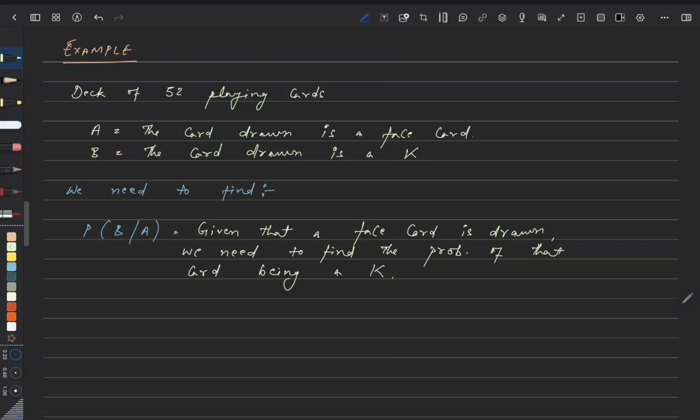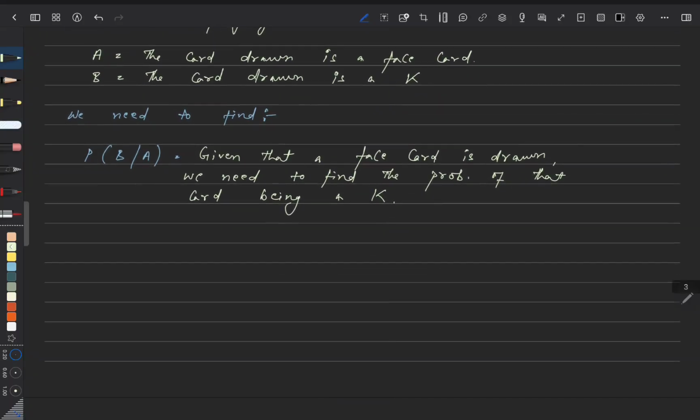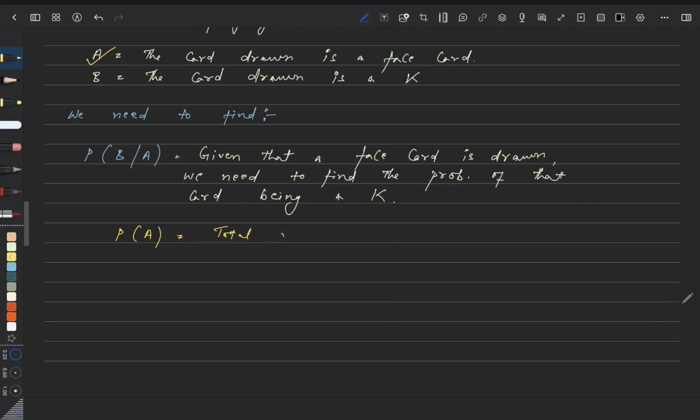So let us start. Given the formula that we have, we first need to find probability of A, which is our sample space, which is nothing but the probability of drawing a face card. So how many face cards do we have? Before that, how many total cards do we have? We have a total of 52 cards.